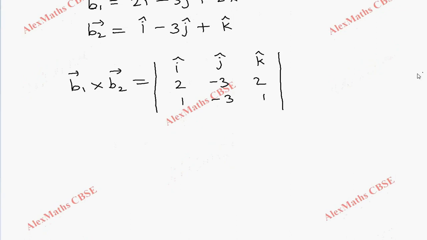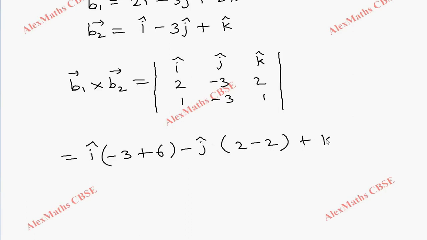Now we are going to expand this determinant. We take the first element, and this will be minus 3 plus 6. Then minus j into 2 minus 2 plus k cap into minus 6 plus 3.